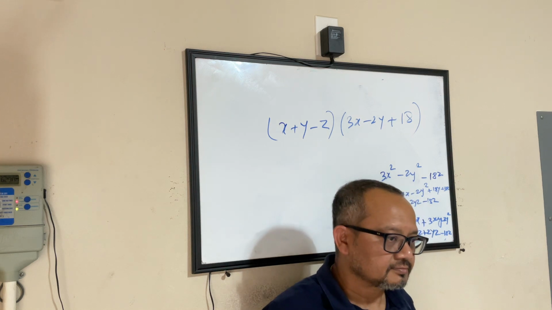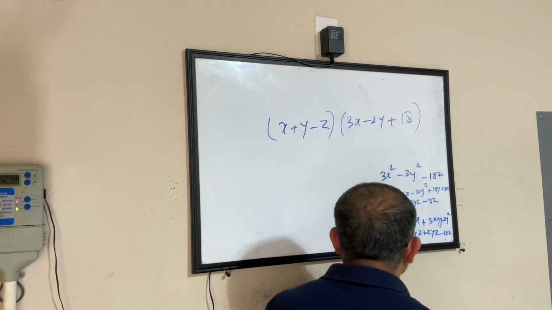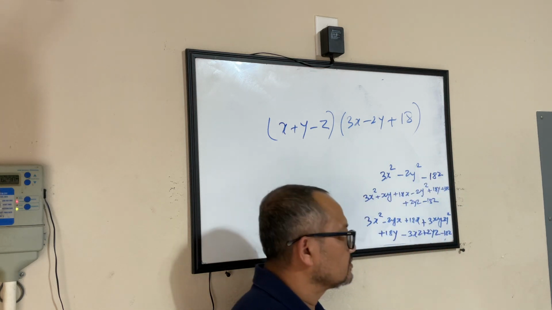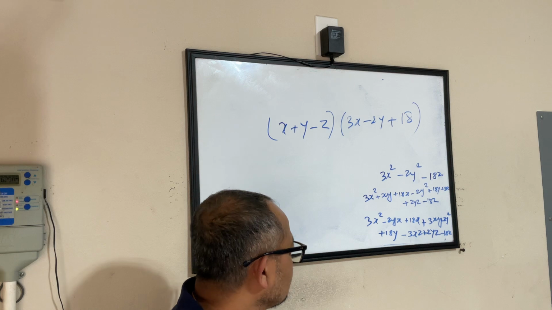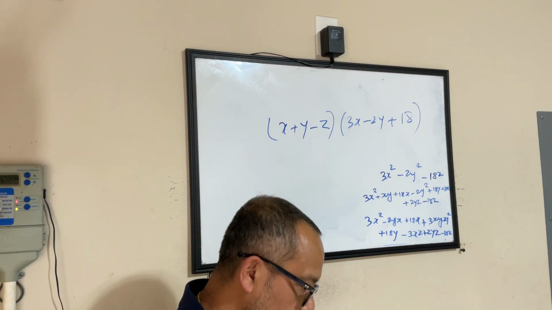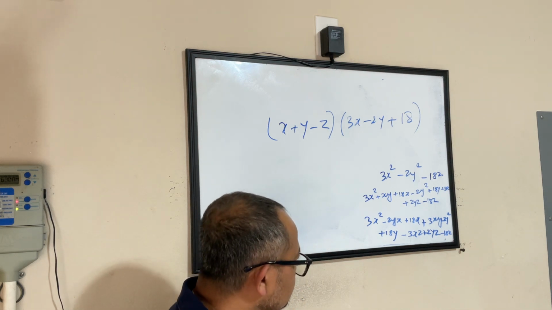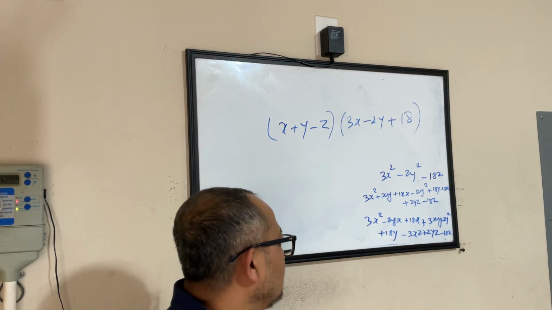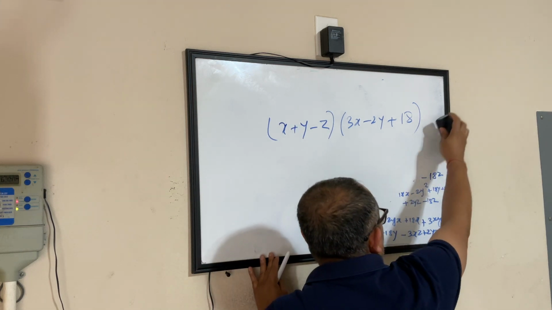Yeah, can I change my answer? Mm-hmm. So I got 3x squared minus 2yx minus 18x plus 3xy minus 2y squared minus 18y minus 3xz plus 2yz plus 18z.